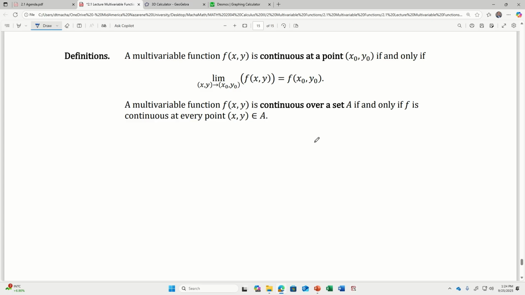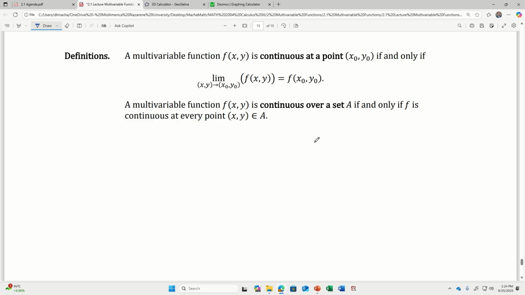And when I evaluate the function at that point, we get the same thing, right? That's another important part of this, is that the limit and the value of the function itself have to be the same for a function to be continuous. And then we say a multivariable function is continuous over a particular set if and only if it's continuous at every point in that set.